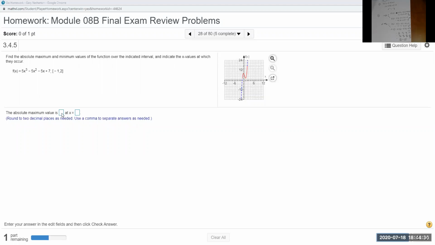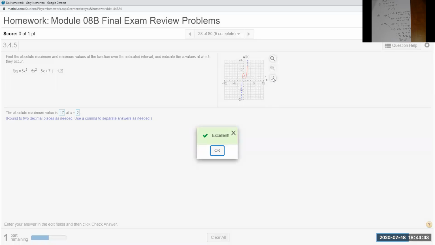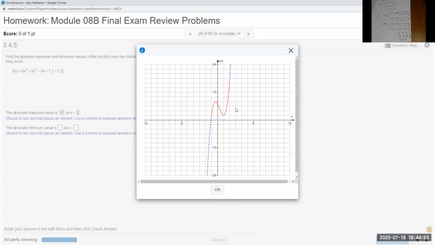Absolute maximum. There's only one maximum. It was 17, and it happened when x is 2. See, the thing is, we could tell that from looking at the graph that it's 2, but it's hard to know precisely the correct number here without doing the math.